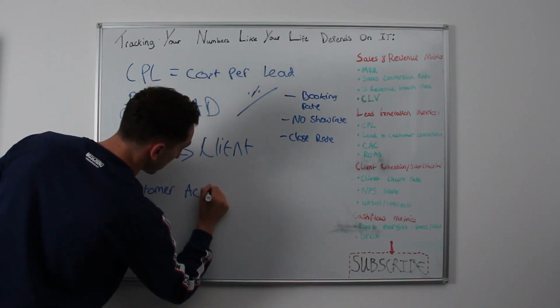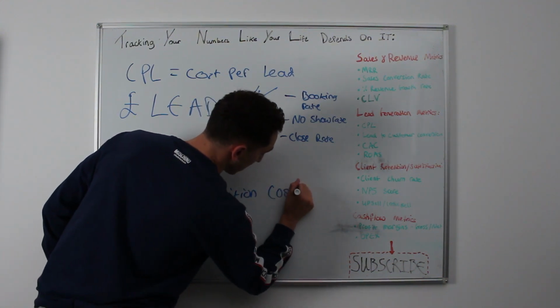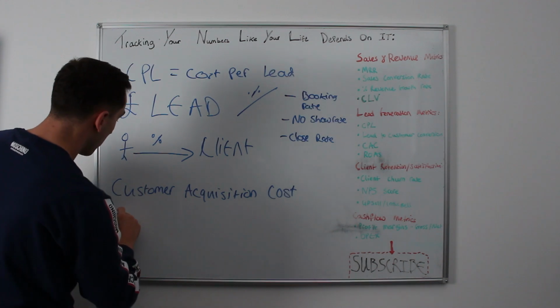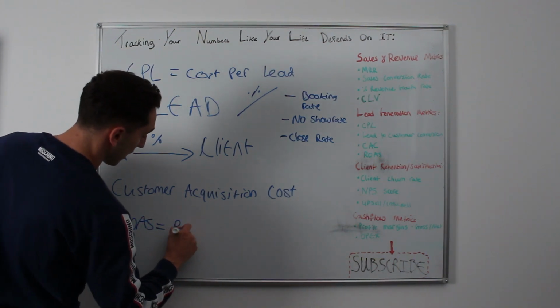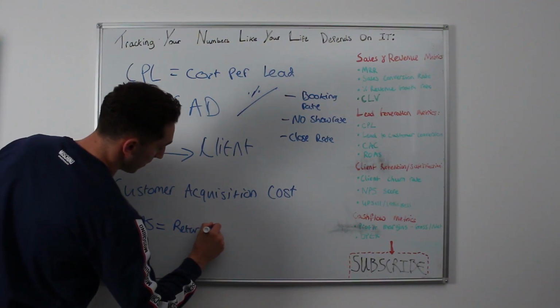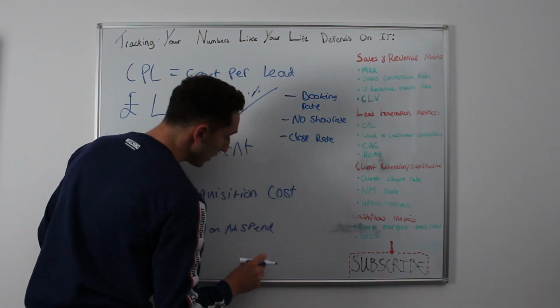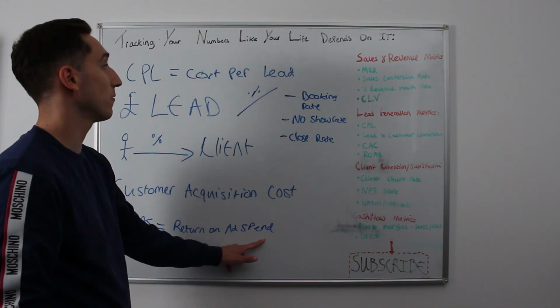Again, a very important metric for us to really understand how much it costs per customer that we acquire into our business. And then ROAS. Now, you guys should already understand what ROAS is, but it is the return on ad spend. Definitely should know this if you are a lead generation agency and you are focusing on Facebook ads.